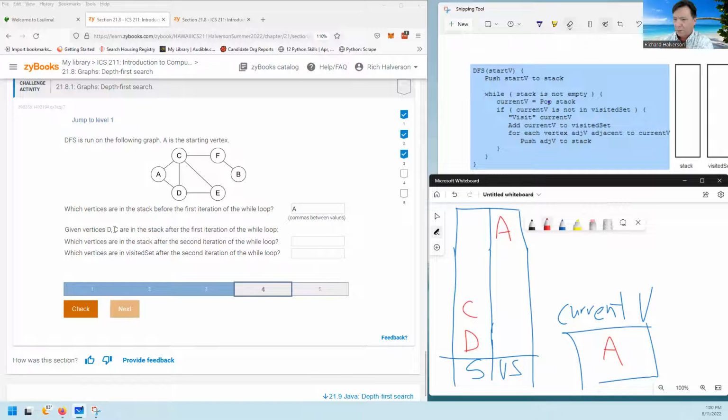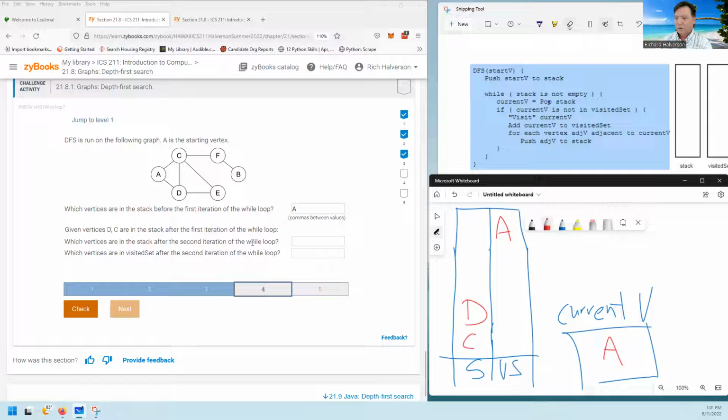I think because I got the last one wrong, I'm going to change this, because I want D to be the first one that comes out.